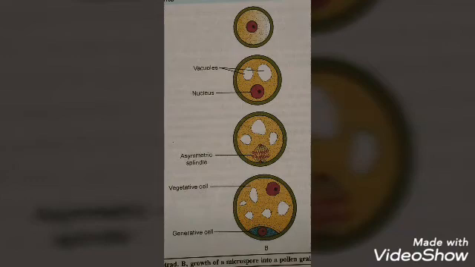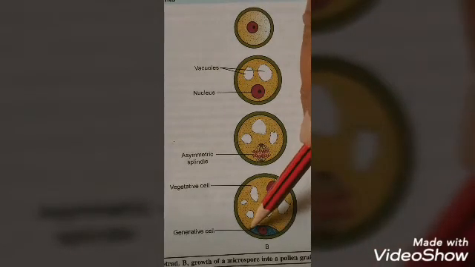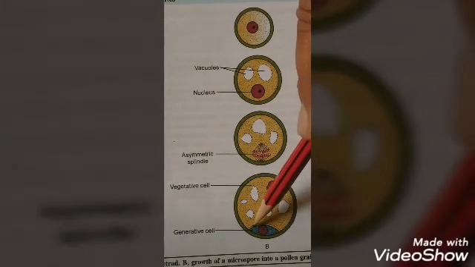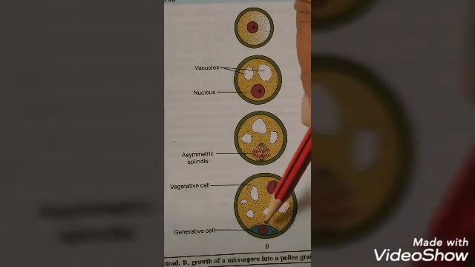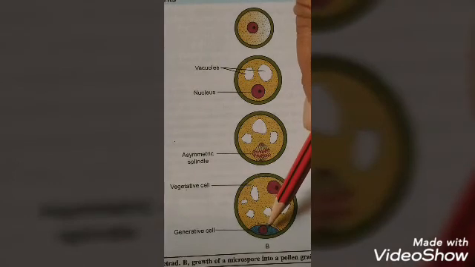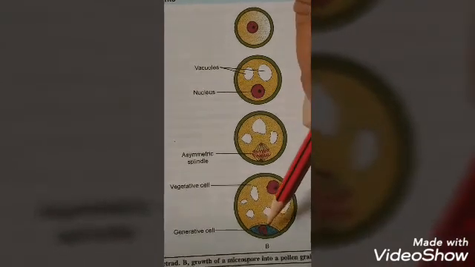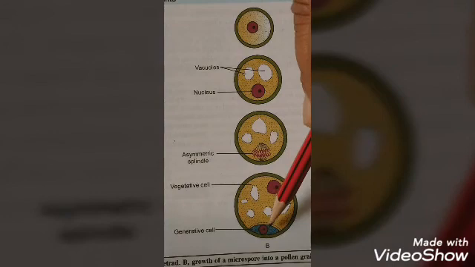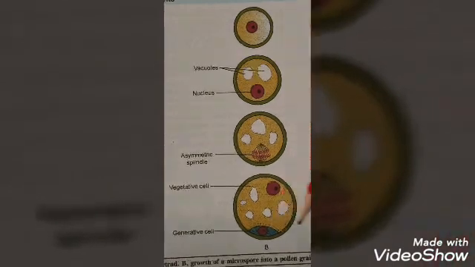Inside the pollen grains, two male gametes are formed by the mitotic division of this generative cell. And these two male gametes are used in the double fertilization.